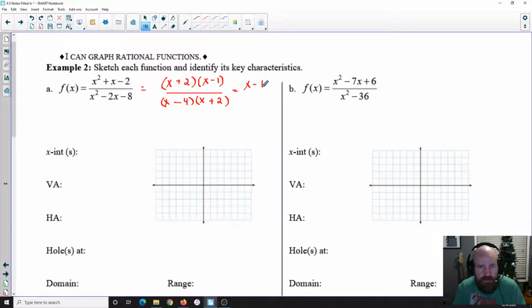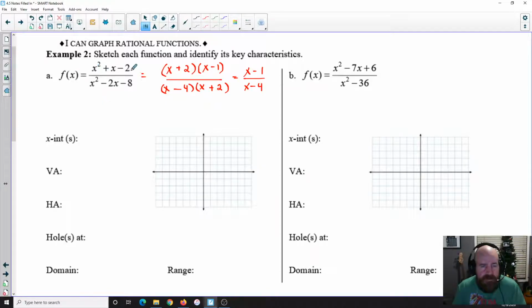We're left with that. So we have a hole at -2. If we plug -2 into here, we get -3 over -6, which would just be 1/2.